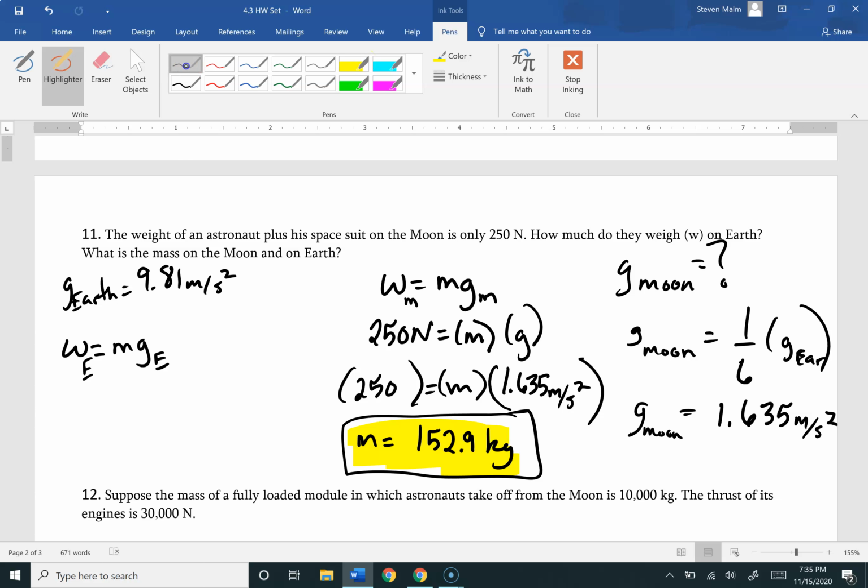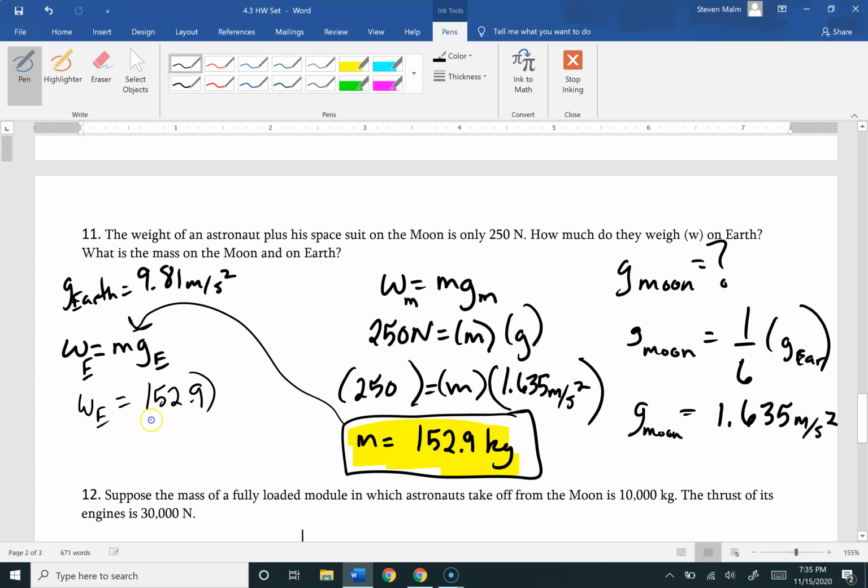So we're going to use that mass in our other calculation for the weight on the Earth, times the gravitational constant on the Earth, to get 1,500 newtons on the Earth.